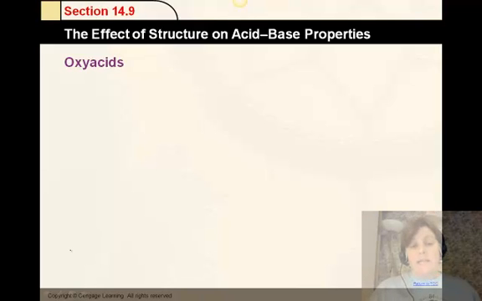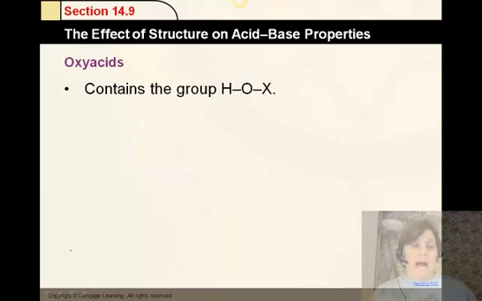Now, oxyacids are a little bit different. These are not binary. Oxyacids are ones that contain oxygen, often a polyatomic if you want to think about it like that. And you can see here it says it contains the group HOX. Now, remember, we're going to get back to the structure of molecules at a different time. But HOX would be hydrogen, then oxygen, and then some other ion.